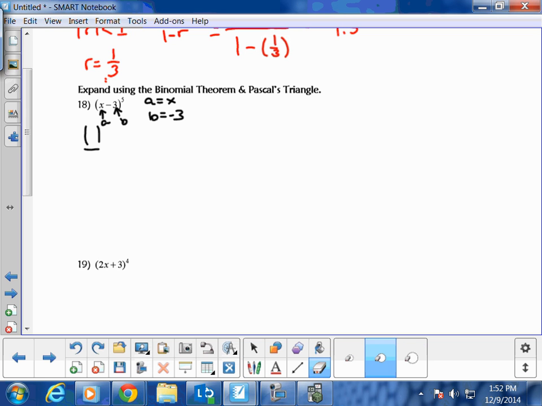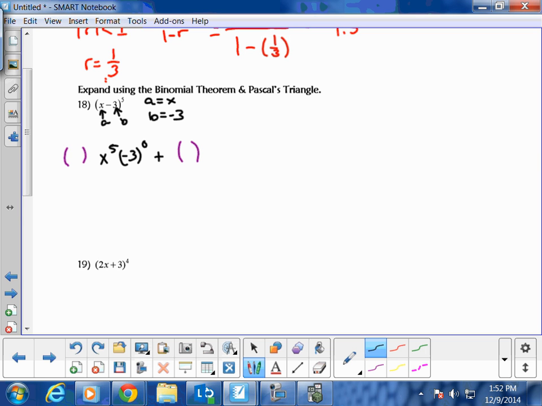Let me move this down a bit to clear space. What I'm going to try to achieve here is you leave the parentheses blank. We're going to fill those in later, but we're going to apply the binomial theorem that states that you start with x to the 5th, and the b value, your -3, is going to be to the 0. Then you're going to add the next one, again leaving parentheses blank, but then in the next term, your x is going to go down by a degree, while your b value is going to go up by a degree.